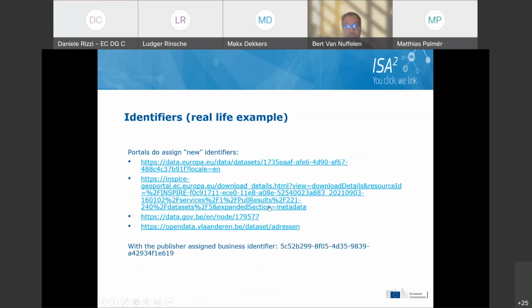What then happens in practice is that for the same data set, different portals might create portal identifiers. However, the business identifier, which in this case is a UID, is always the same.